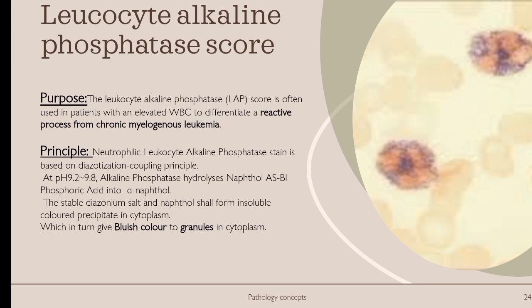At pH 9.2 to 9.8, the alkaline phosphatase hydrolyzes the naphthol AS-BI phosphoric acid into alpha-naphthol. The stable diazonium salt and naphthol form an insoluble colored precipitate in the cytoplasm, which in turn gives a bluish color to granules in the cytoplasm.